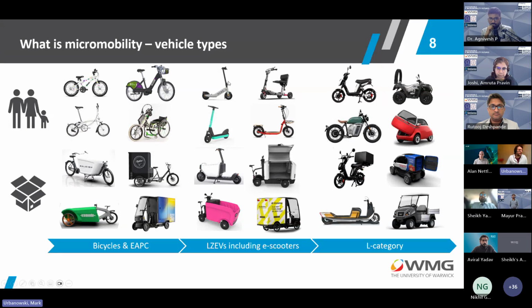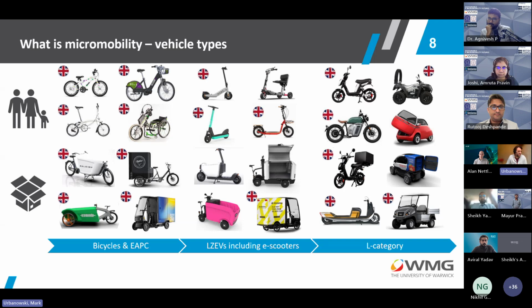And this is an area where currently there's no regulation in the UK to use these privately owned vehicles, but we are running trials of shared e-scooters in certain towns. I'll go into a bit more detail of the regulatory space.